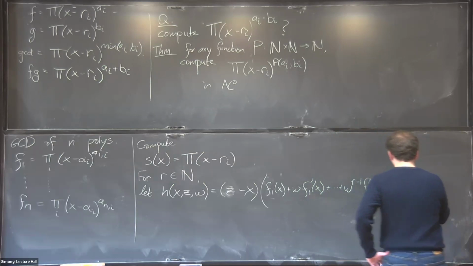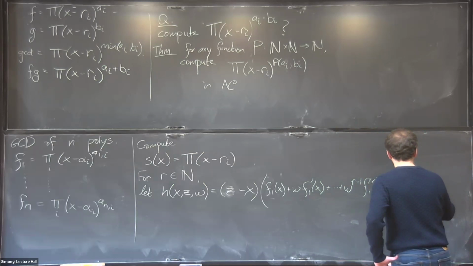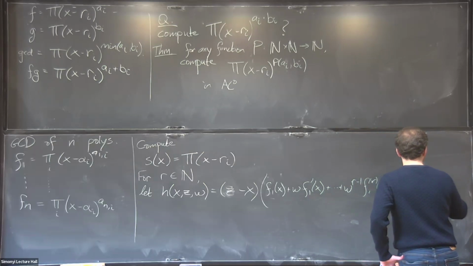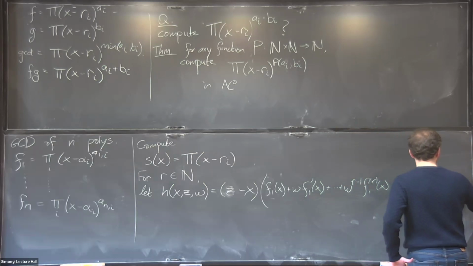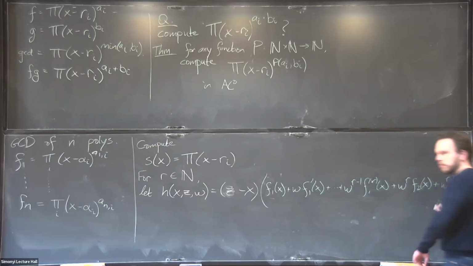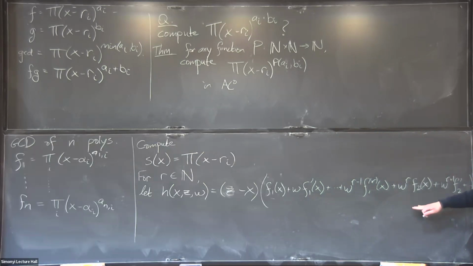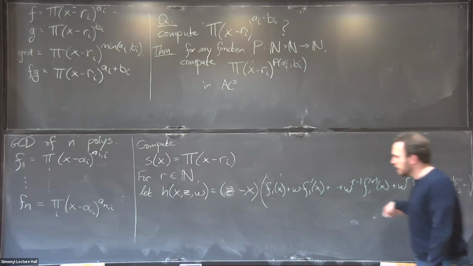And now I just take higher powers of w and I throw in the derivatives of all the other polynomials as well. Okay, is it clear what I'm saying here? So you have something like n times r terms appearing here.